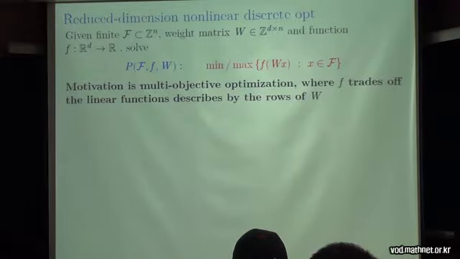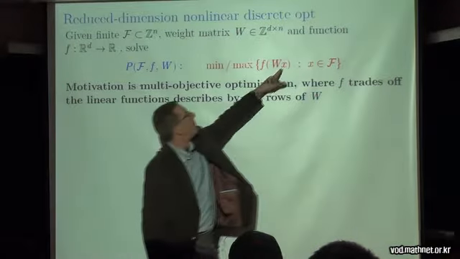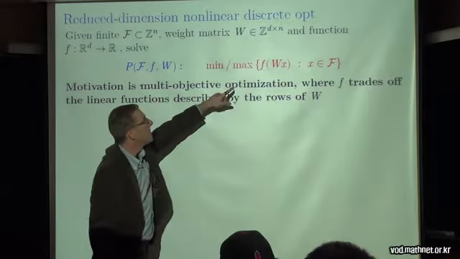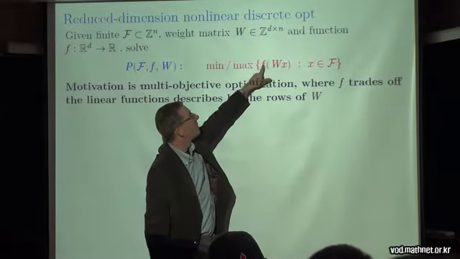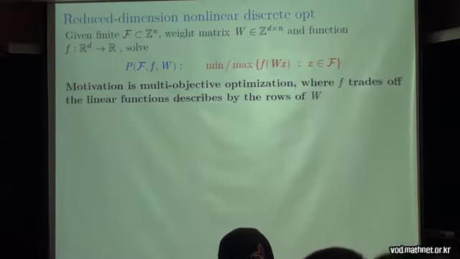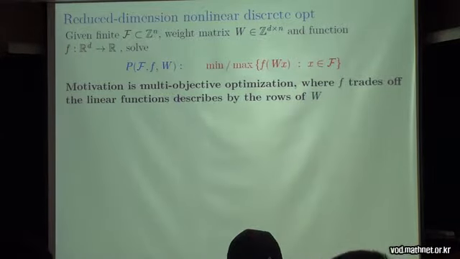The first one doesn't really have to do with matroids. It has to do with problems where I have this idea of reduced dimension. I've got feasible points. I'm going to multiply them by a matrix that has a small number of rows, and then I have an arbitrary function that I'm trying to optimize over this low-dimensional set. So the domain of f is small compared to the number of elements in the ground set.